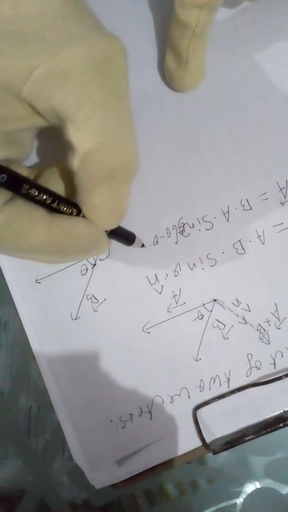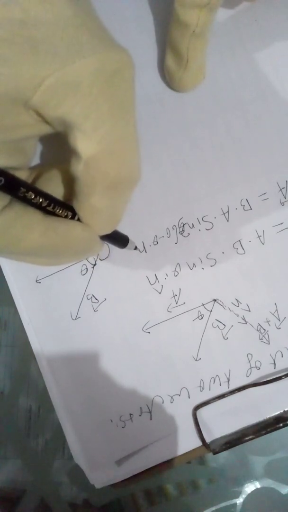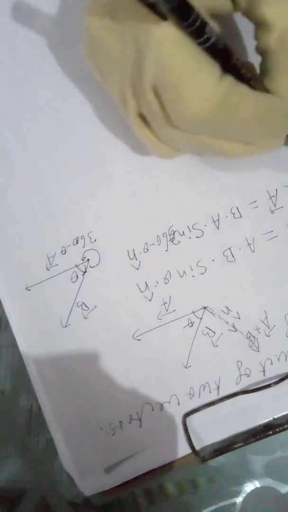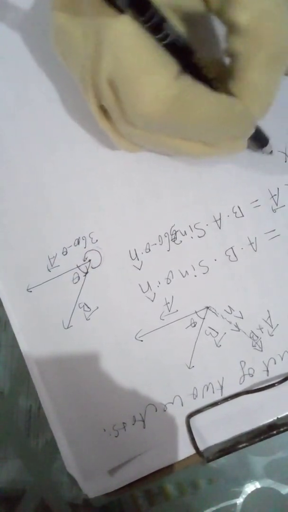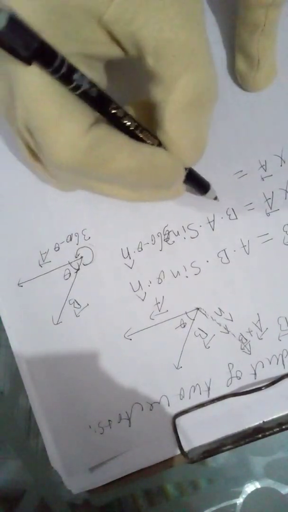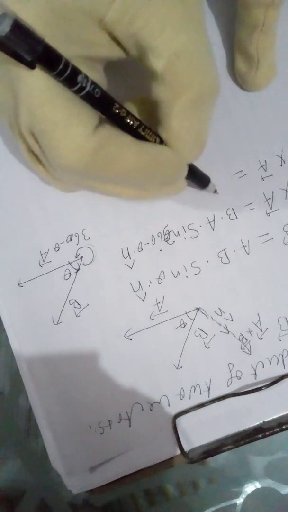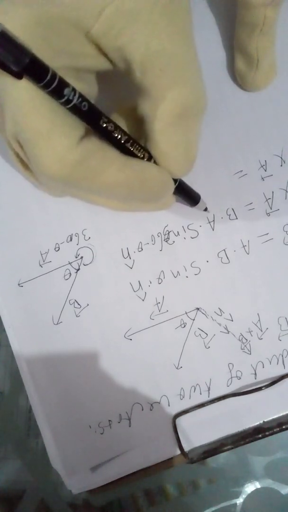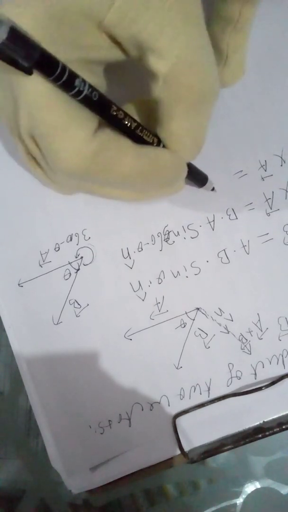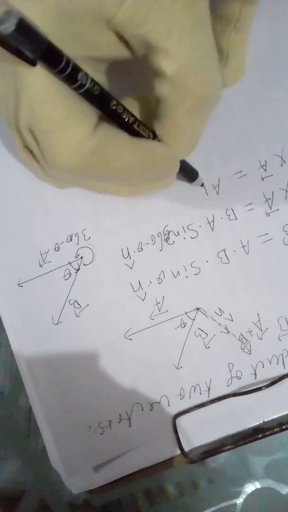So n cap right here, let n cap. Then B cross A is equal to B into A. B and A are numbers. The product of numbers is commutative, so BA can be written as AB.